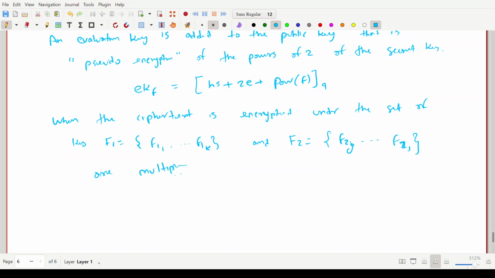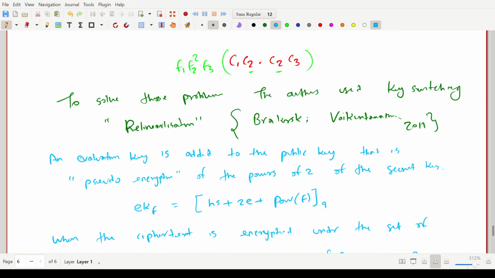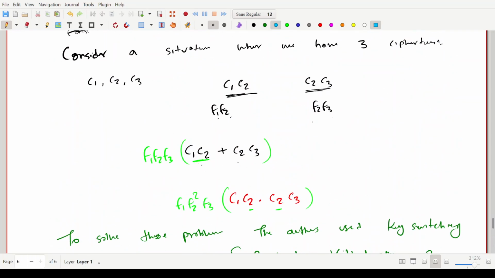I am trying to make the same cases. Do you see, in the previous one I was having two sets of ciphertext. This ciphertext can be decrypted by this set of keys, F1 and F2, correct, and this ciphertext is decrypted by this set of keys. So this is my set F1 here, this is my set F2 which is F2, F3. In the case of addition there is no problem, I can find a joint secret key which is F1, F2, F3.